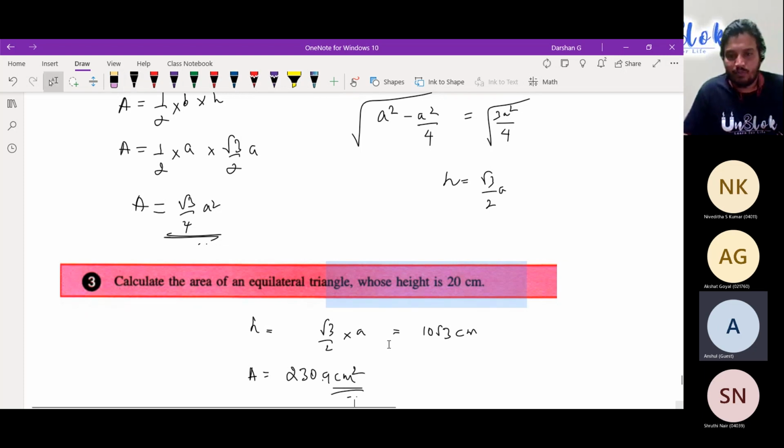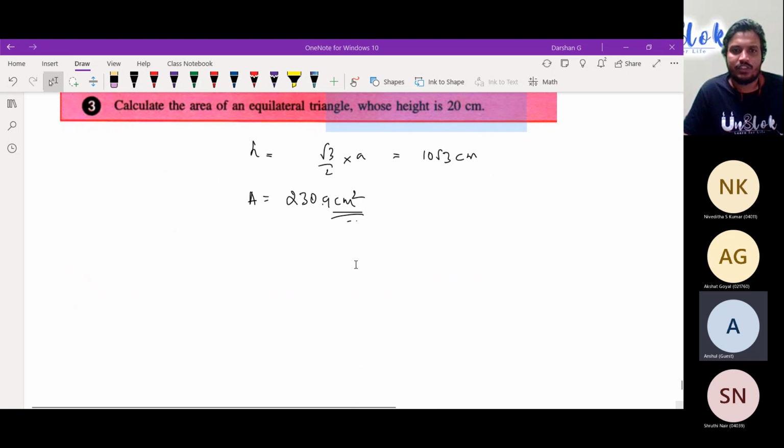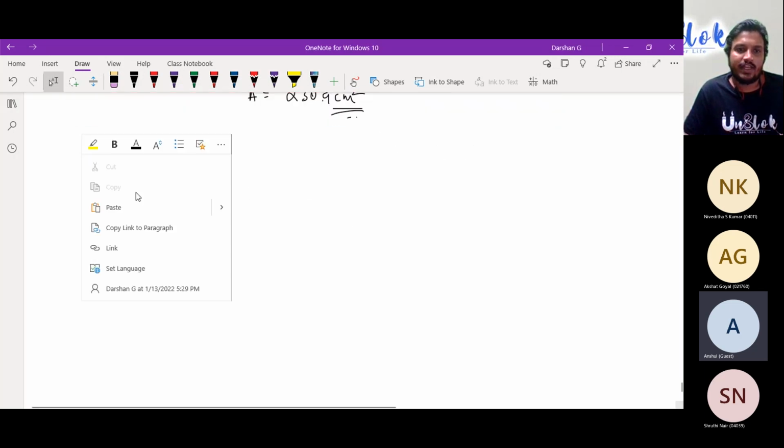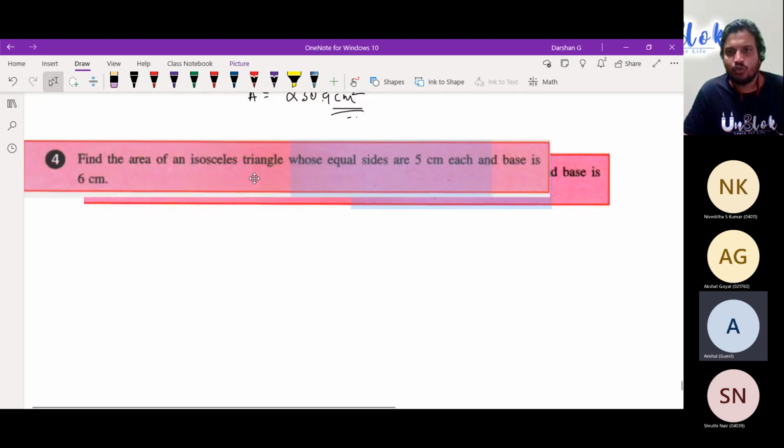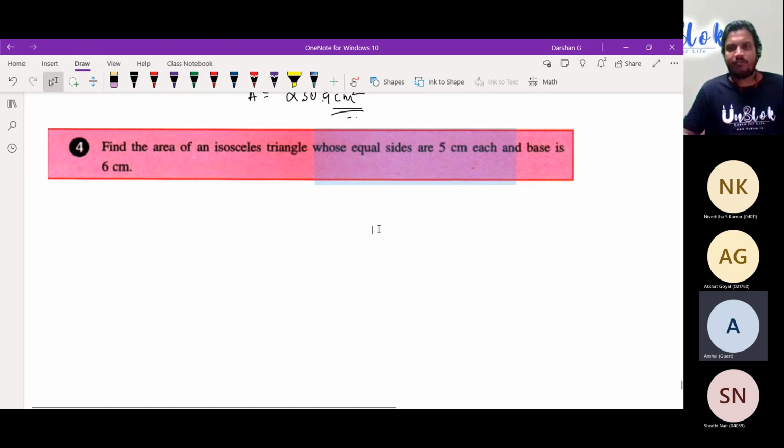Okay, fine. Moving on to the next set of questions, which is to solve isosceles triangle. This time we have an isosceles triangle. Find the area of isosceles triangle whose equal sides are 5 centimeter each and the base is 6 centimeter. Come on, you have to be fast to solve this question.